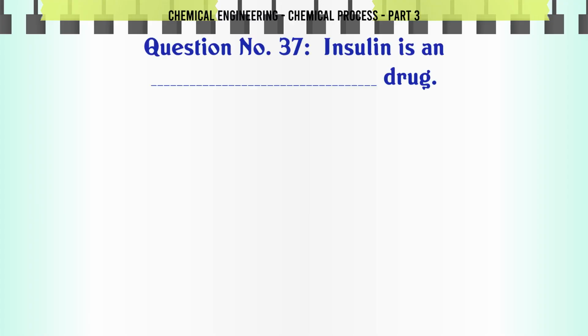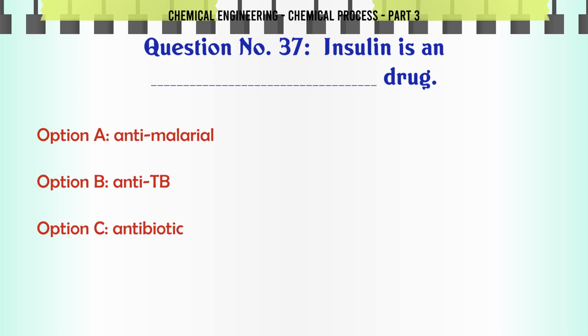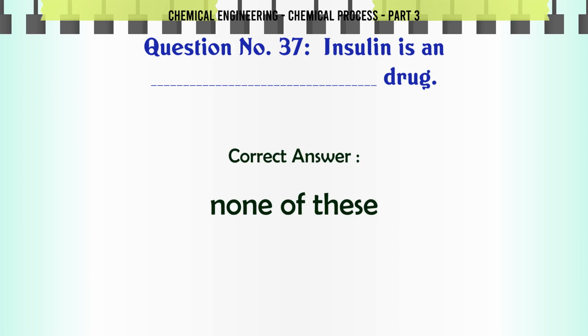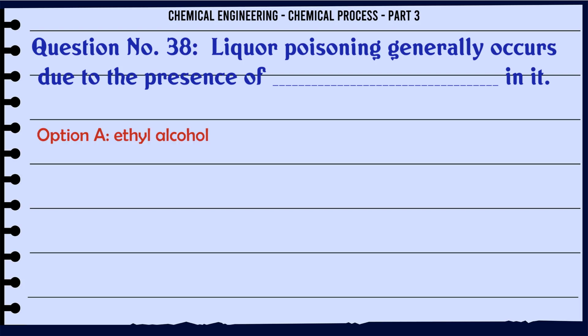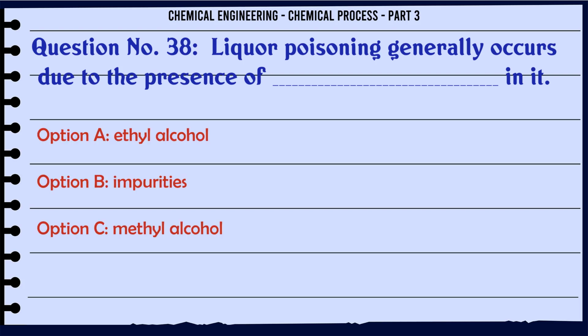Insulin is a/an A. Anti-malarial drug, B. Anti-TB, C. Antibiotic, D. None of these. The correct answer is none of these. Liquor poisoning generally occurs due to the presence of A. Ethyl alcohol, B. Impurities, C. Methyl alcohol, D. Carbonic acid.